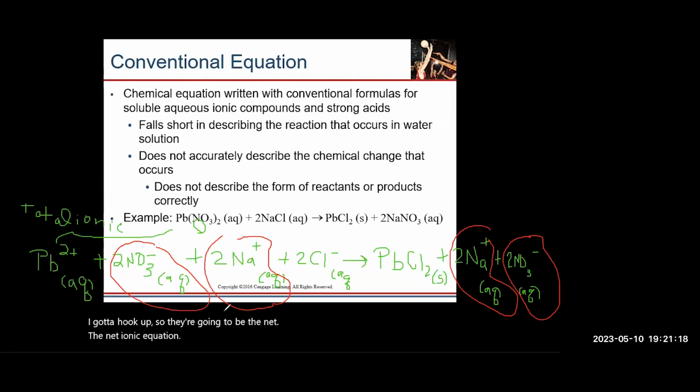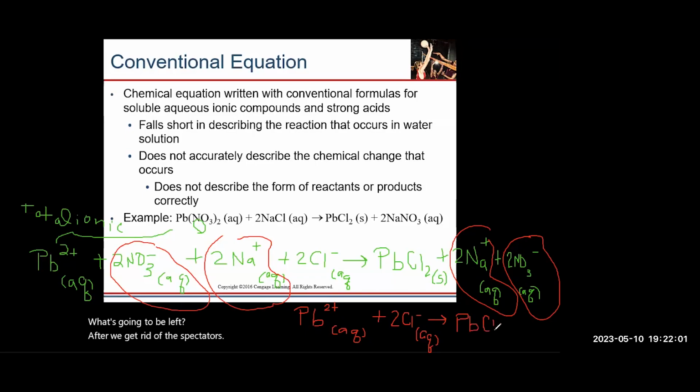The lead-2 ion and the chloride ion are what's going to be left after we get rid of the spectators. And it's going to form lead-2 chloride.